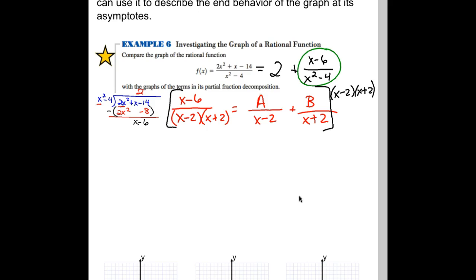All right, so on the left side, all we have left is our x minus 6. On the right side, what is a getting multiplied by? X plus 2. And what is b getting multiplied by? Good. All right, so if we distribute, we have ax plus 2a plus bx minus 2b.